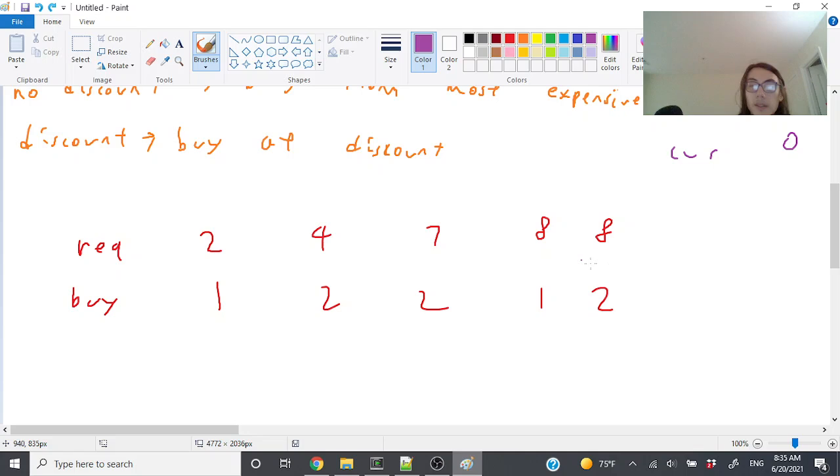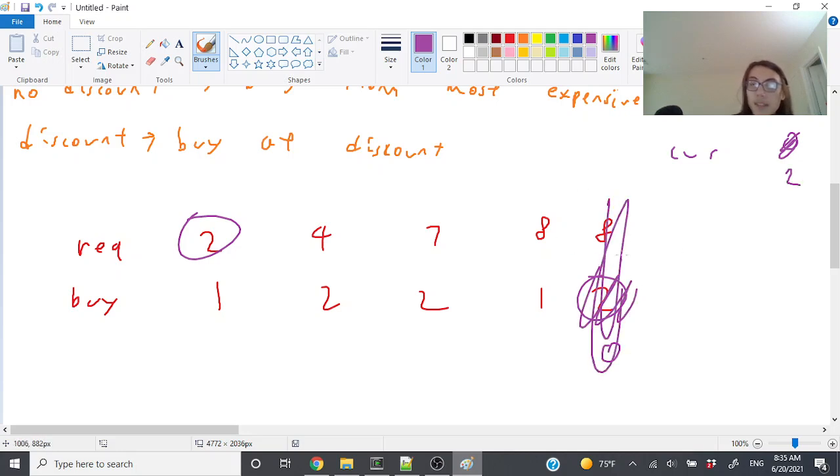Whichever is smaller, we buy that amount. In this case, they're actually the same. So here we would buy 2, then this becomes 0, and now this item's done, so we move the pointer over to here. Now we have enough to get this at a discount, so we buy this item, and then we get this much discounted. Then we move the pointer over here.